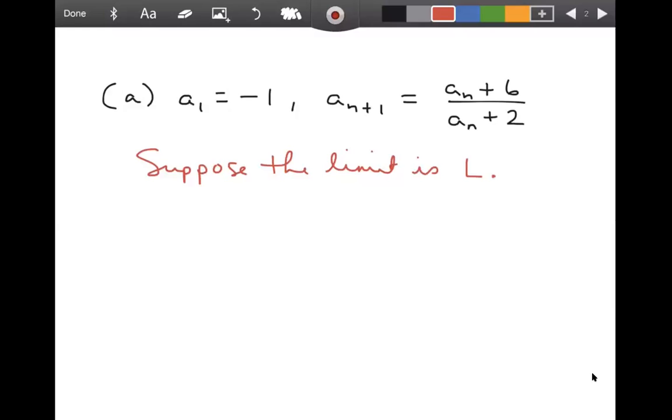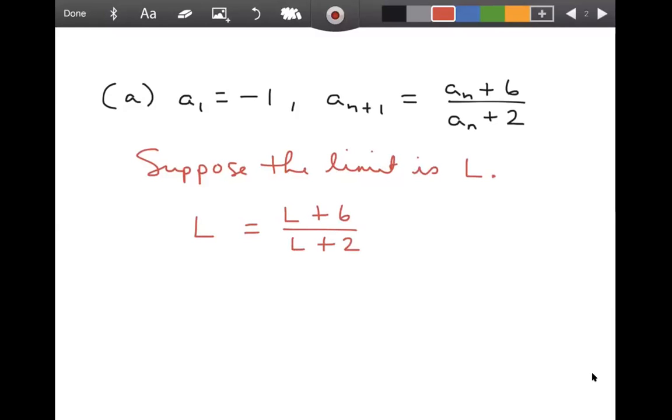And in particular, if you plug L in for a sub n in the recursion formula, you would have L plus 6 over L plus 2 is equal to L. Okay, so again, the value won't change.